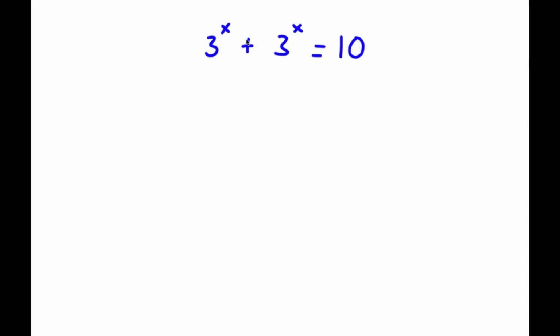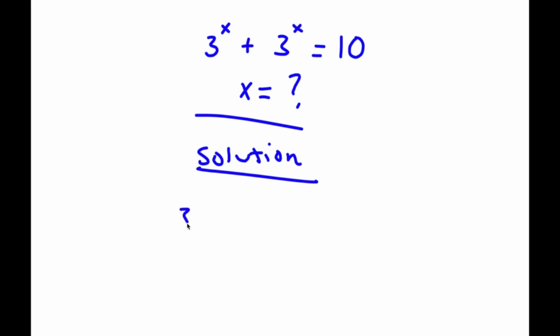Alright, so I have 3 to the power of x plus 3 to the power of x is equal to 10. I want to find the value of x. So for my solution here, first start with 3 to the power of x plus 3 to the power of x is equal to 10.